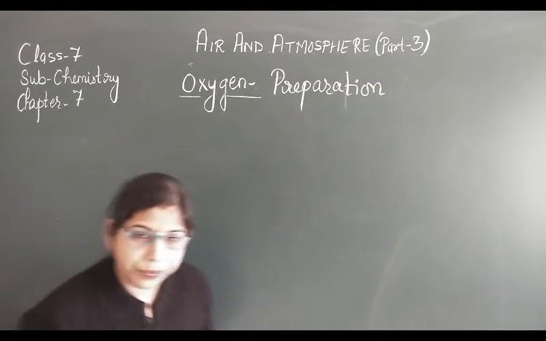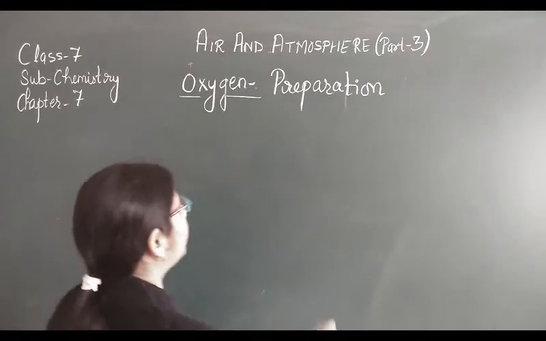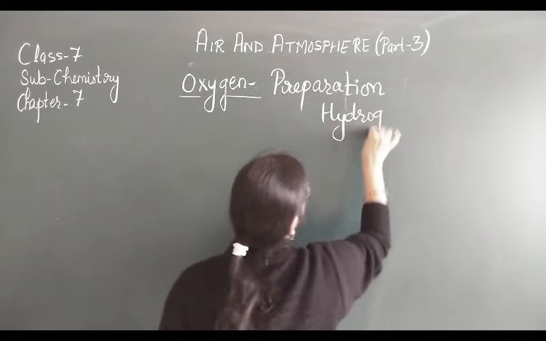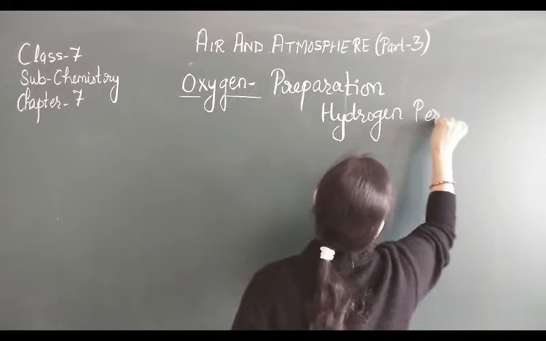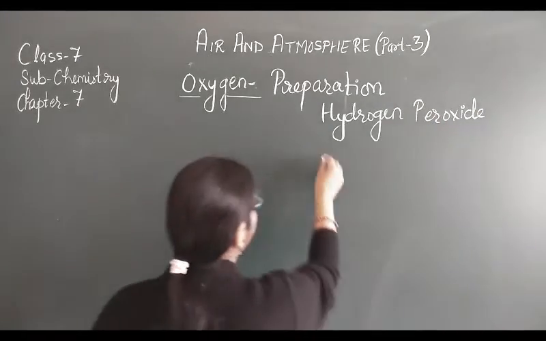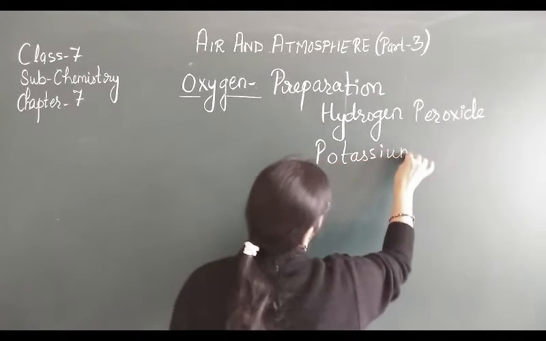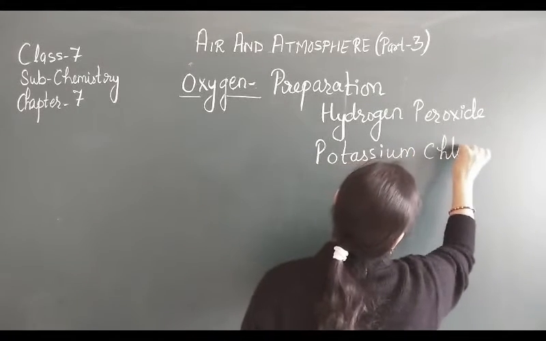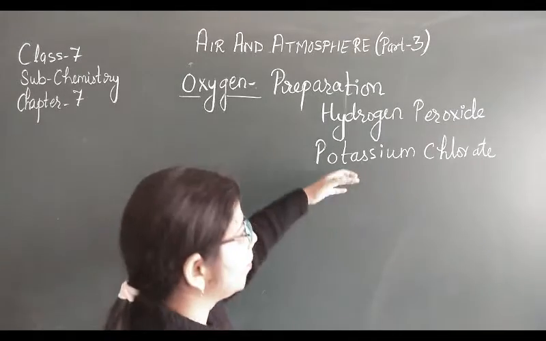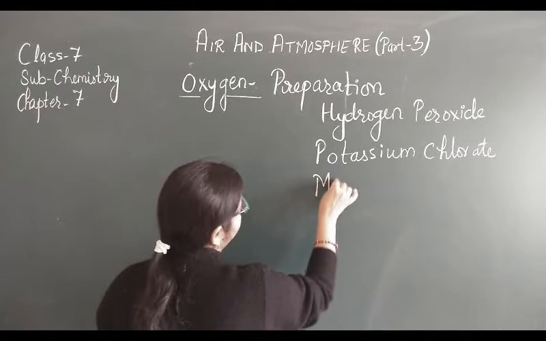Oxygen is prepared in the laboratory by hydrogen peroxide, by potassium chlorate, and by metallic nitrites.